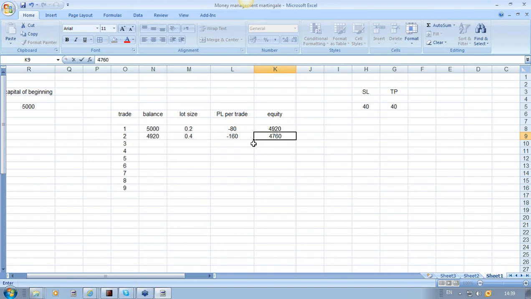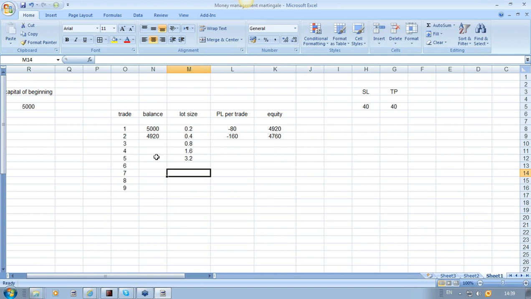After 4 or 5 trades, I don't have enough money to hold my next position.